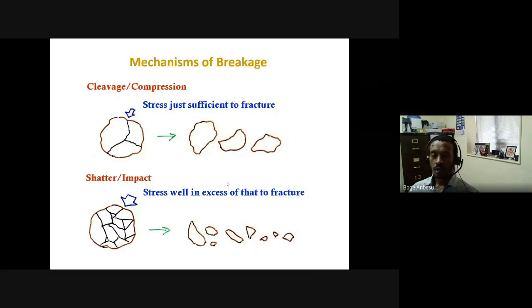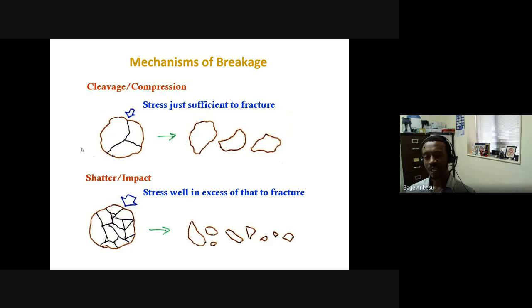Okay, so what are our options to break rocks? That depends on the forces we apply. Breakage of rocks can be done in a number of ways, and that comes down to the stress we apply to the rock itself.